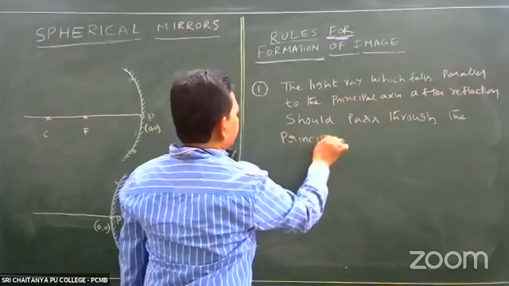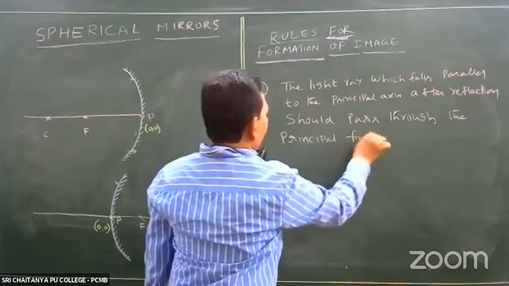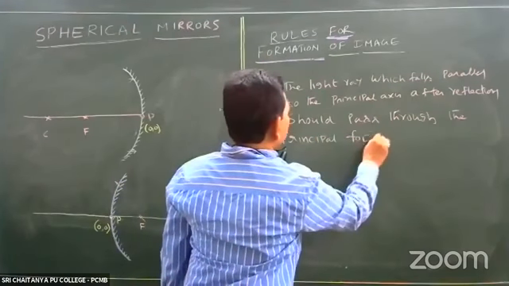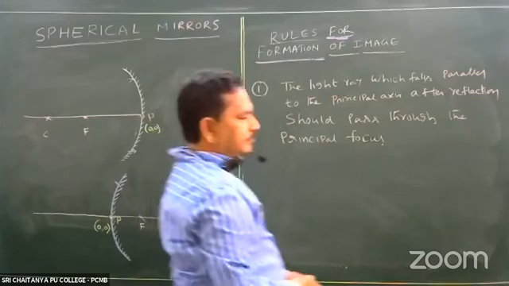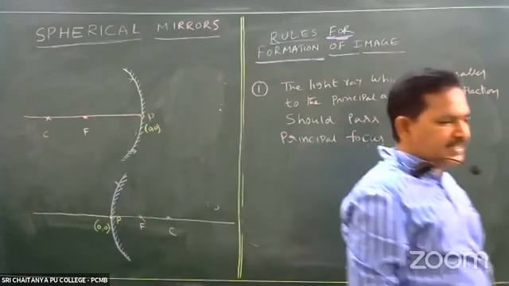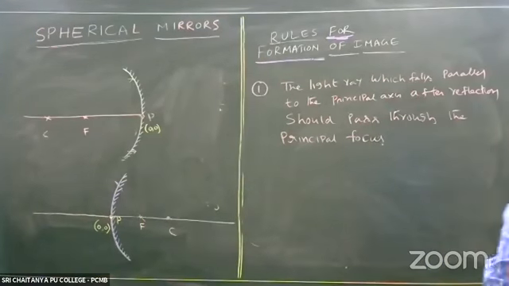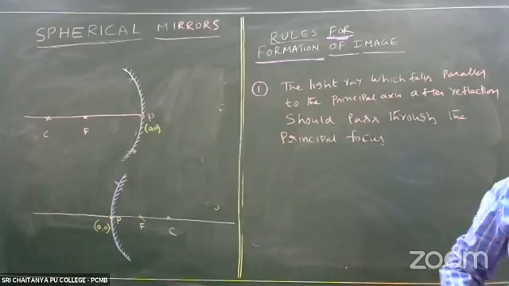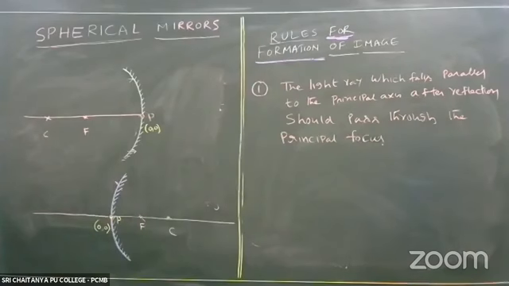If the light ray is incident parallel to the principal axis, after reflection it should pass through the principal focus.